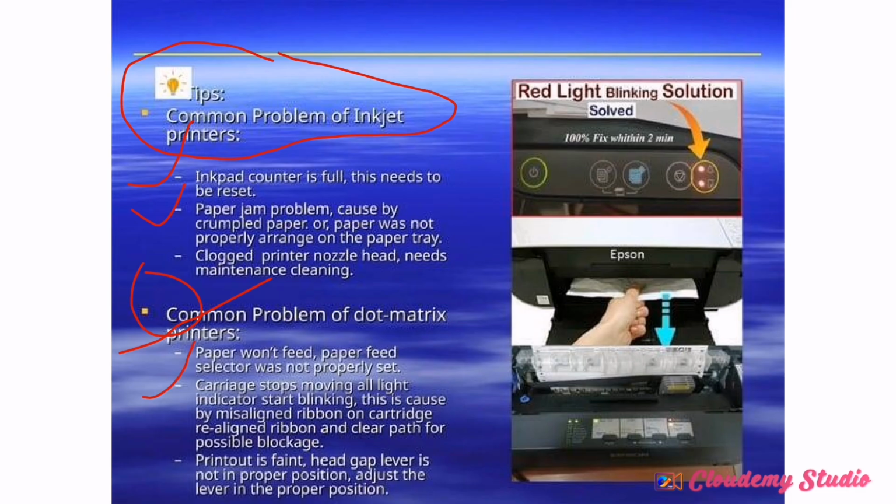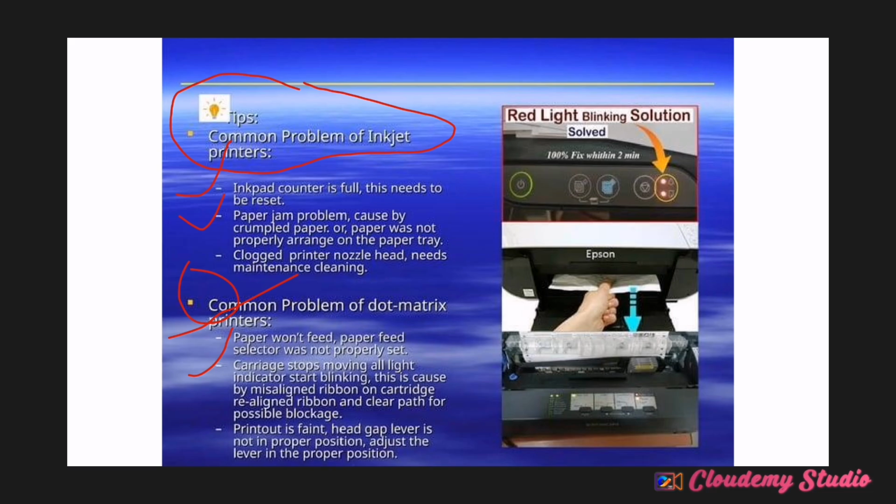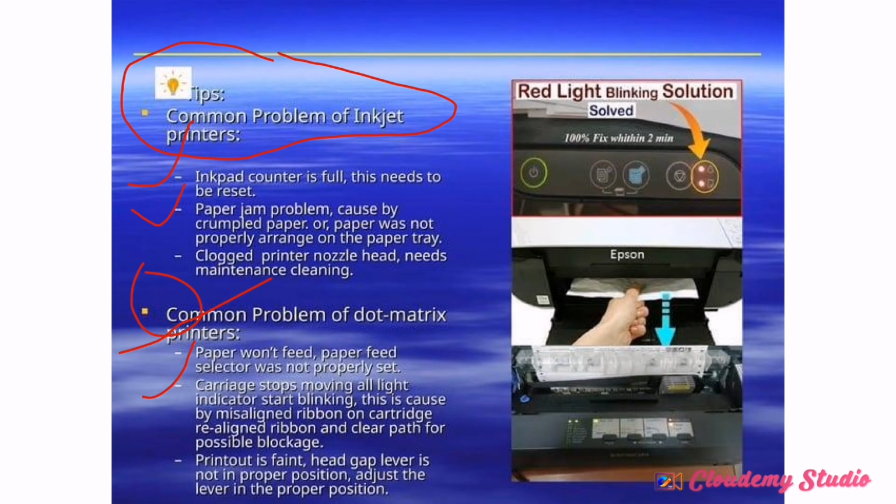Cartridge stops moving, or the right indicator starts blinking: this is caused by a misaligned ribbon or cartridge. Realign the ribbon and clear the path of possible blockage. Then printout is faint: the head gap lever is not in the proper position. Adjust the lever to the proper position.